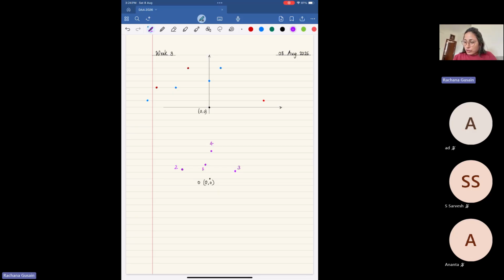Then, the kind of polygon I can visualize here is this. 0 to 1, 1 to 2, 2 to 3, 3 to 4, and 4 back to 0. Can you see that this is also a polygon? The orange figure that I have drawn.